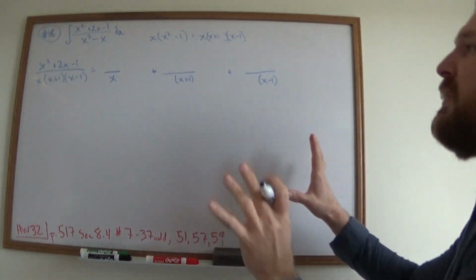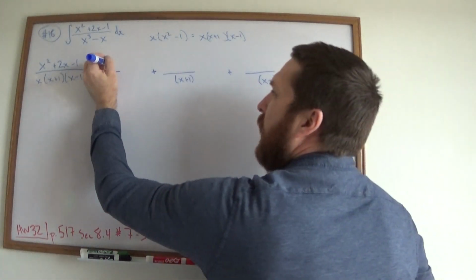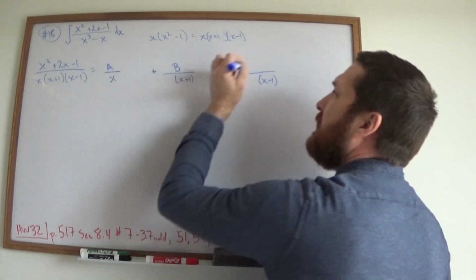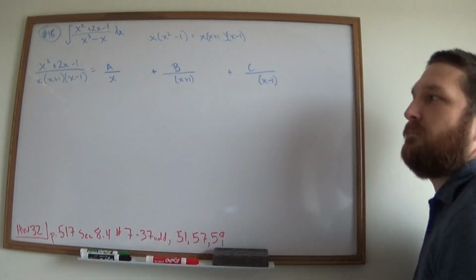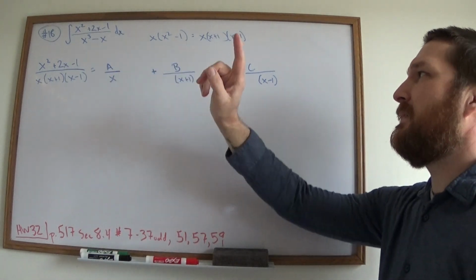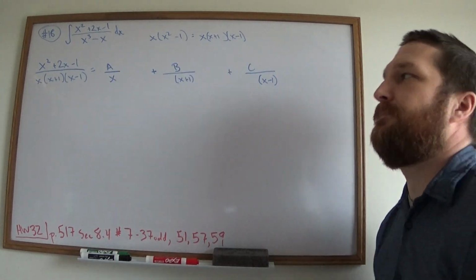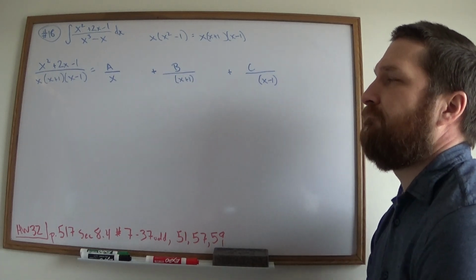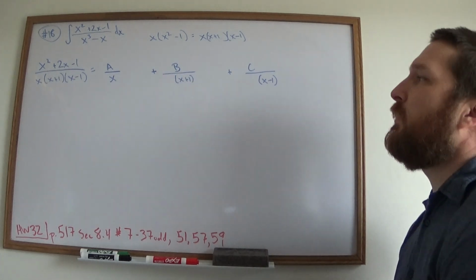That's what I hope to do. The only question is, what constants give me that? Some constant A, some constant B, some constant C. And so, this is the equation that we want to solve.